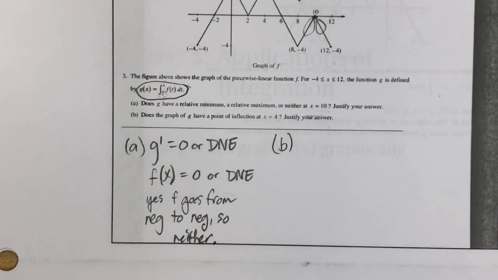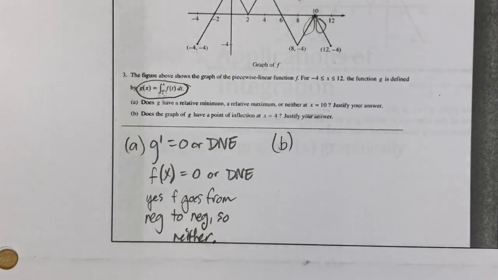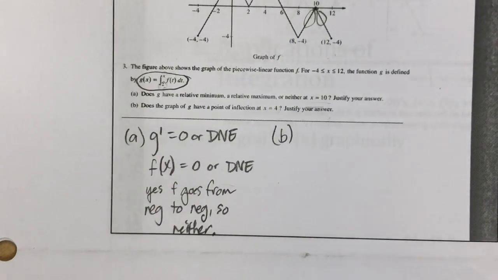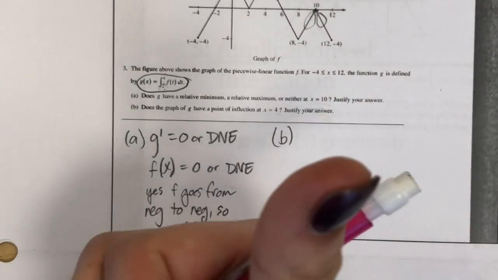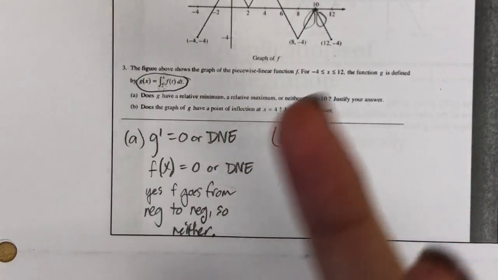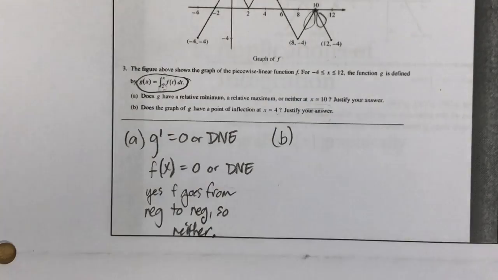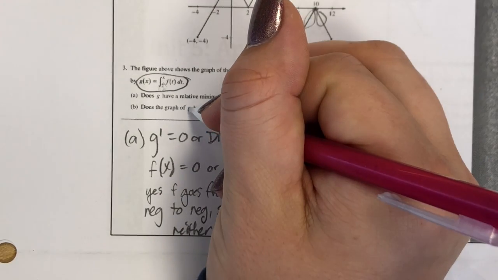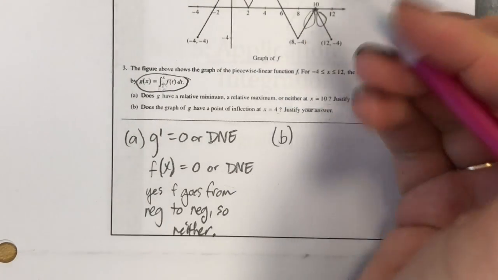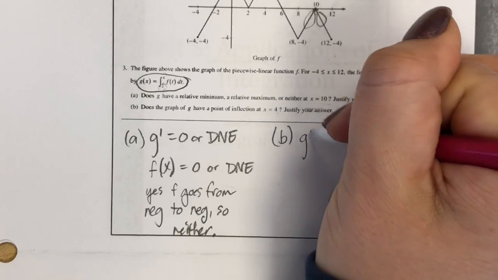Okay, let's do B. Does the graph of g have a point of inflection at x equals 4? To figure out a point of inflection, am I going to use g, g prime, or g double prime? I can actually use different ones. I'm going to say g prime.